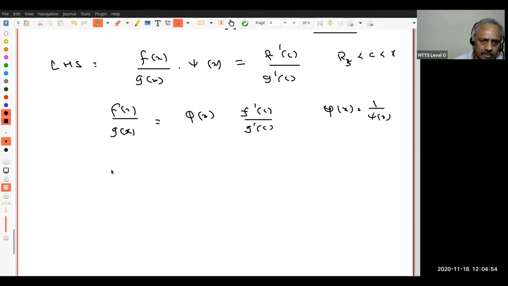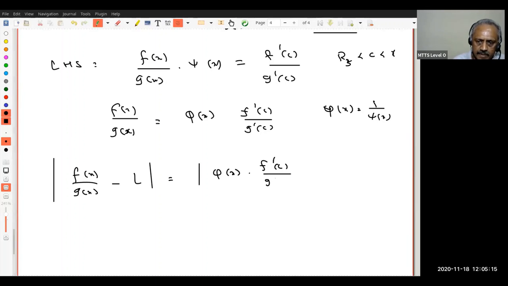Now, again, I do this algebraic manipulation which I said. What do I want now? I want to estimate f of x by g of x minus L. This is what I want to estimate. But that is going to be phi of x into f dash of c by g dash of c minus L. I know how to estimate f dash c by g dash c minus L. You understand that?